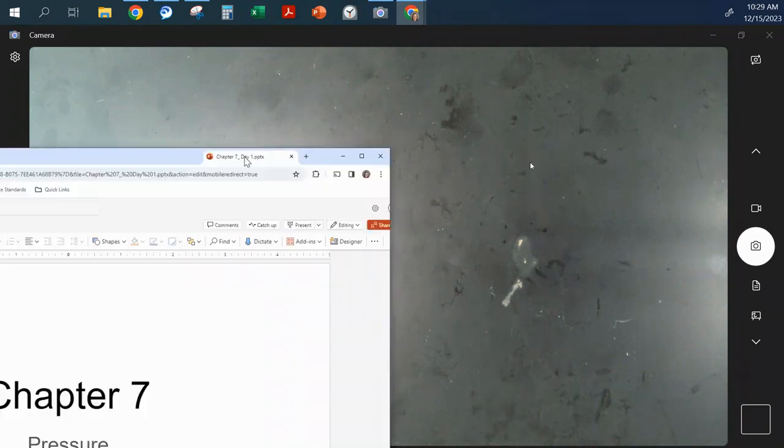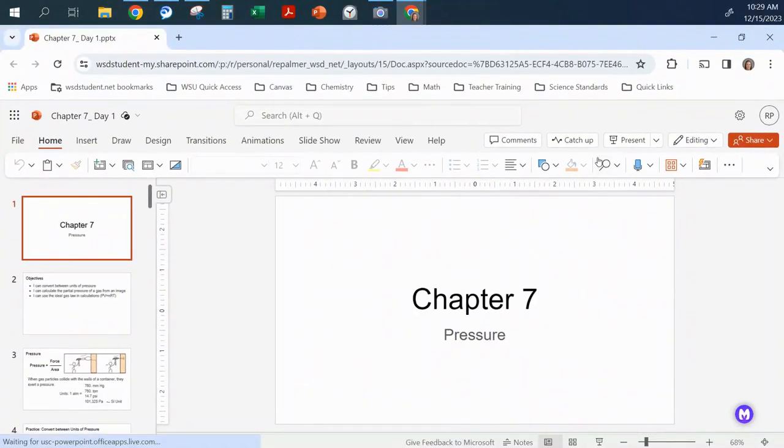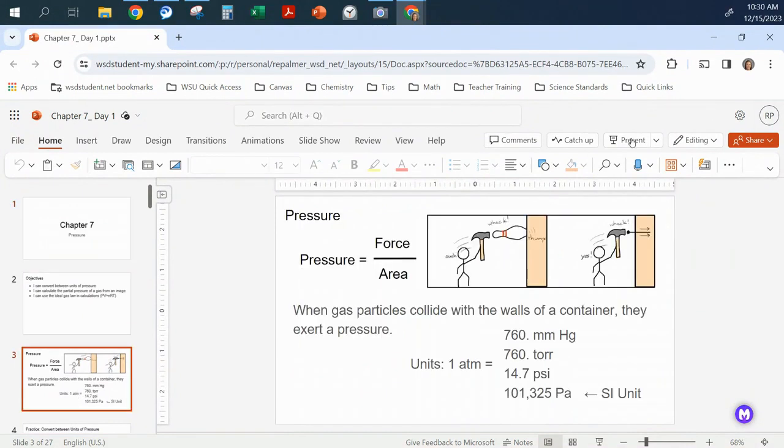Okay, mostly this chapter is about gases and the relationship between different gases.